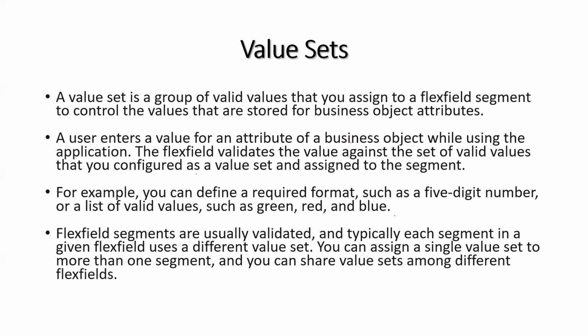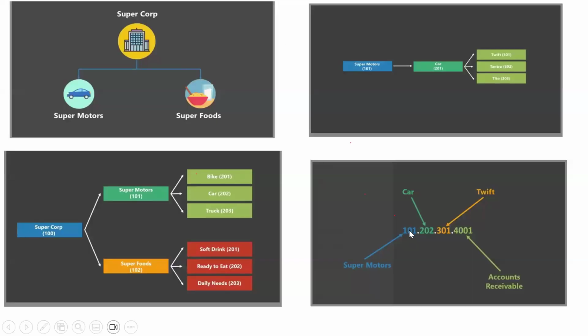Based on the value set level, we will give the conditions. Here you have to provide the maximum length. For this one, three digits are there; for this we have four digits. Like that, each segment can maintain a different length. The first segment can be 2, the second 3, the third 4, the fifth 5. Where can we configure these different lengths?